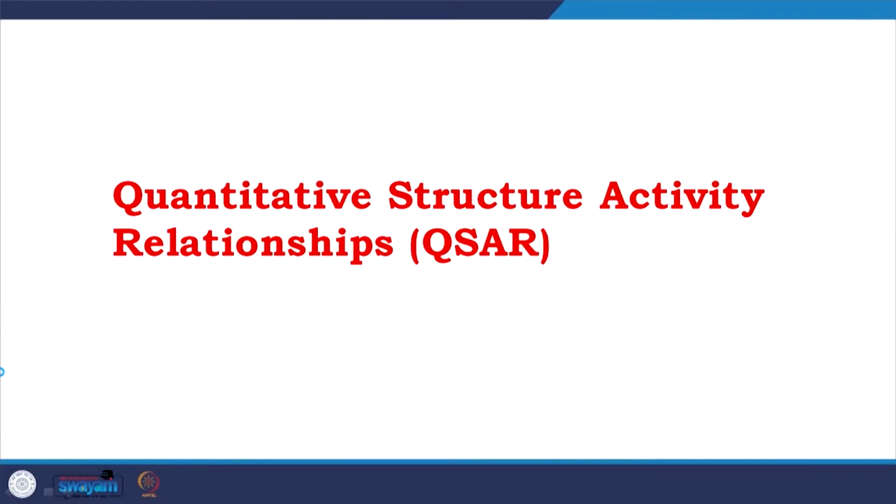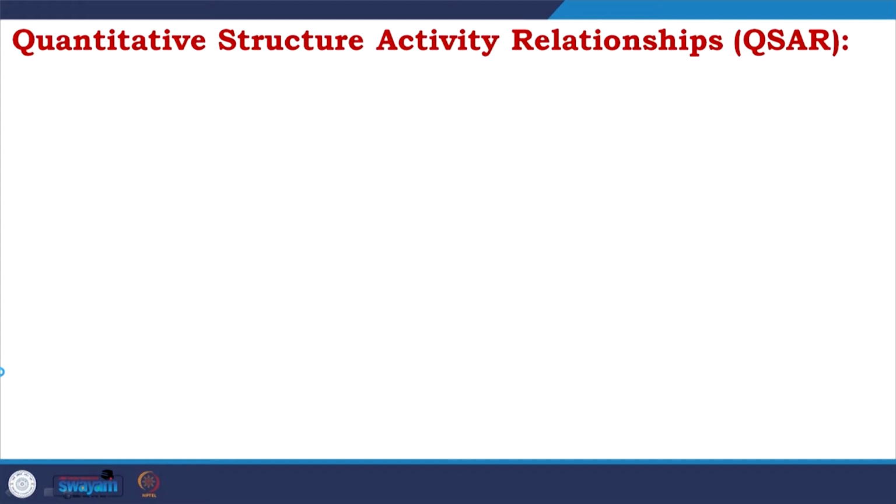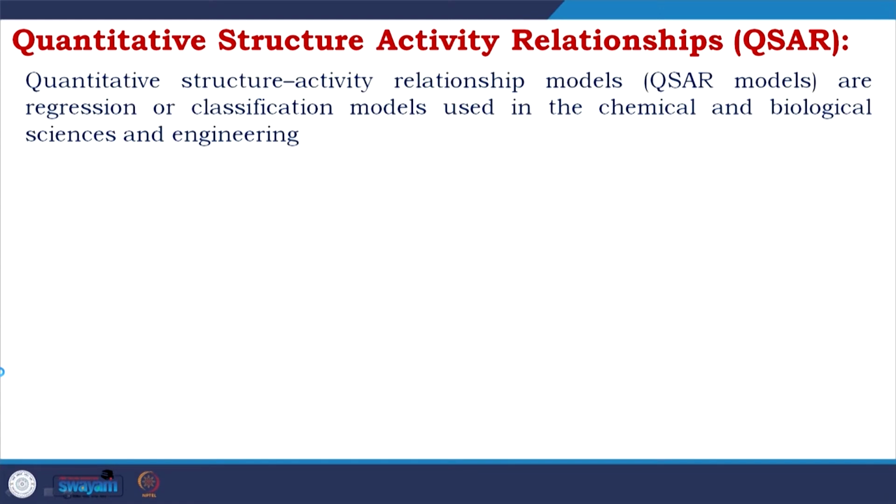One is quantitative structure activity relationships or QSAR. Quantitative structure activity relationship models are regression or classification models used in chemical, biological and engineering fields.